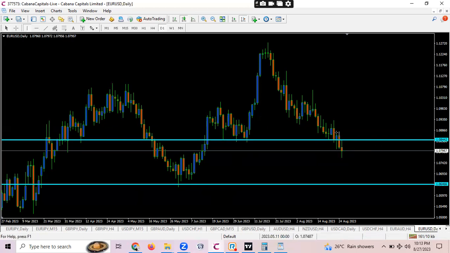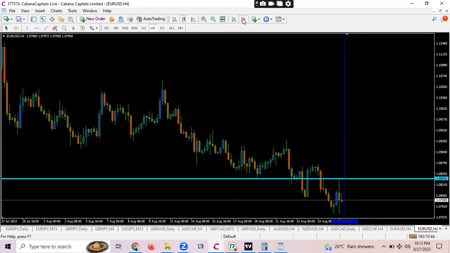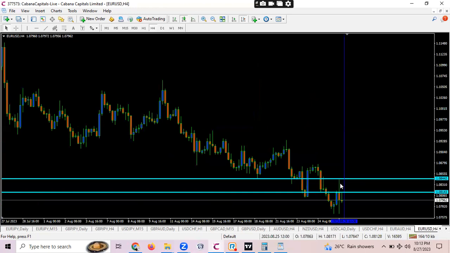Let's go down to 4 hour. So on 4 hour, we had a resistance at this level. So if a 4 hour candle closes above this zone, you want to consider buying EURUSD.